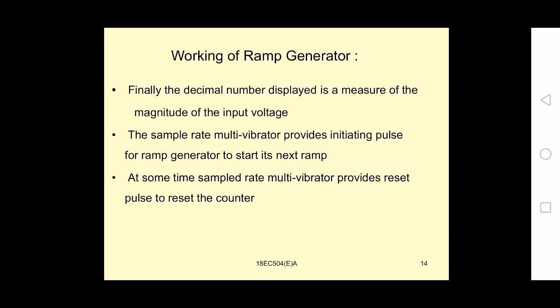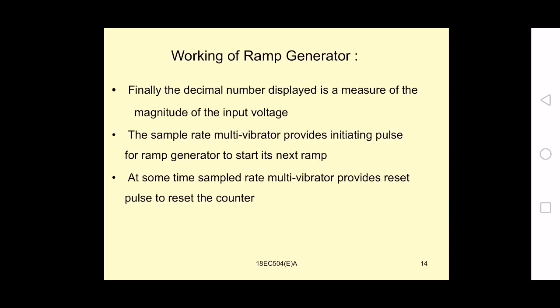Finally, a decimal number is displayed, which is a measure of the magnitude of the input voltage. On the display, you will have 7 segment displays, 3.5 digit displays. The decimal number of counts displayed is equivalent to the analog input voltage.